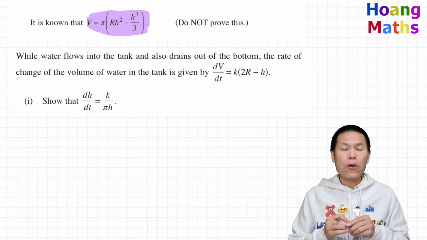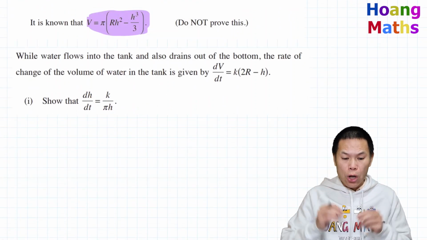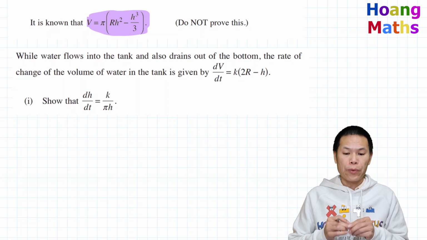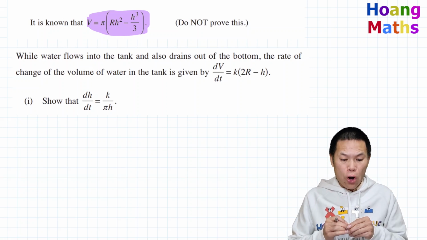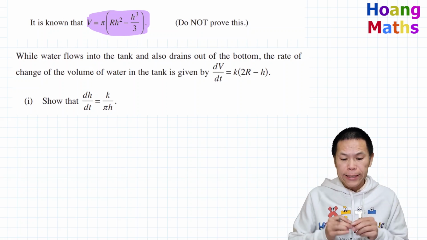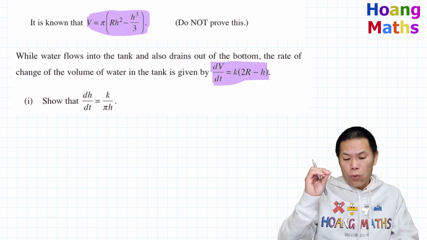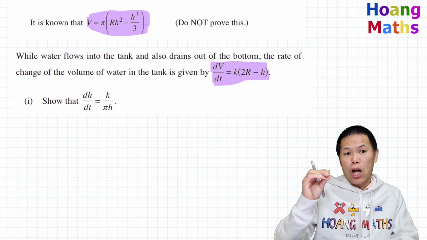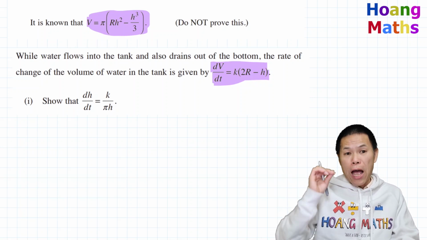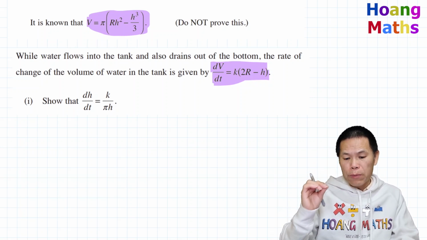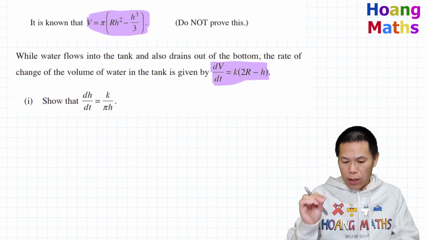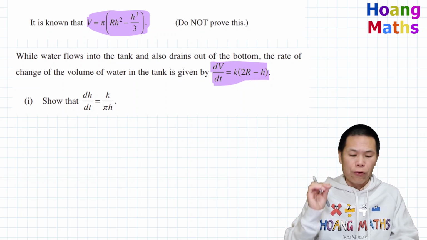While water flows into the tank and also drains out of the bottom, the rate of change of the volume of the water in the tank is given by this. In other words, the inflow rate of change of the volume and the outflow rate of change of the volume added together will give us this. Okay, so keep that in mind for me.